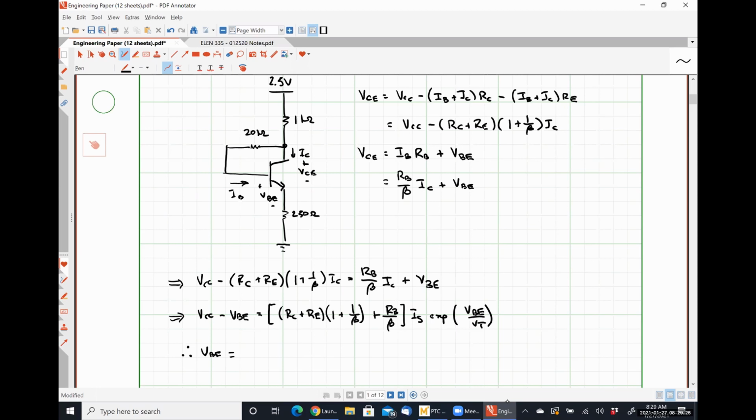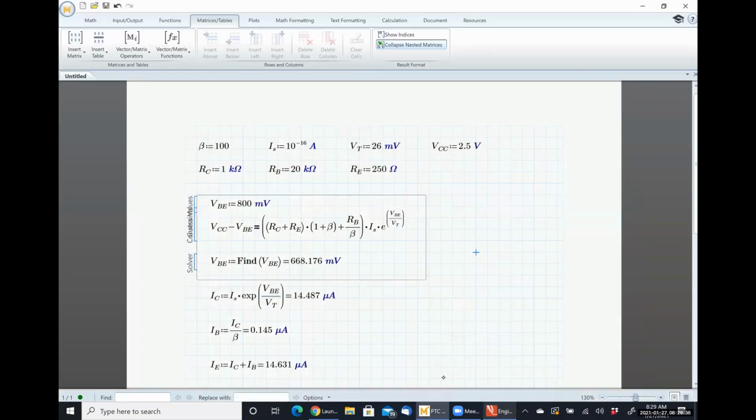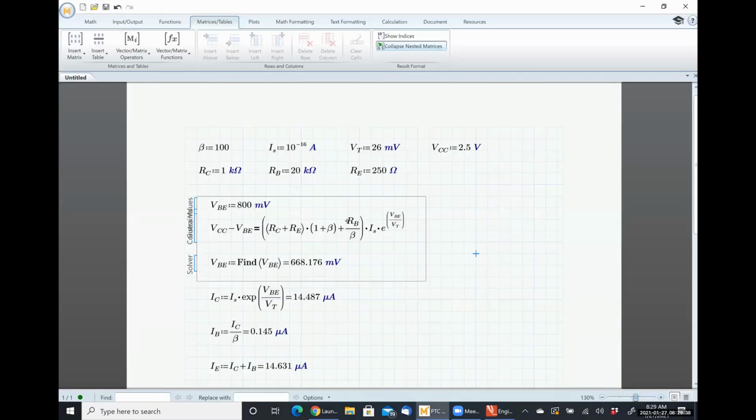There we go. Yep. And it should be 1 plus 1 over beta. All right, so let's circle back around to the MathCAD sheet. All right, there we go, 782.453, which I believe is what you guys were saying. So let's run with that number.